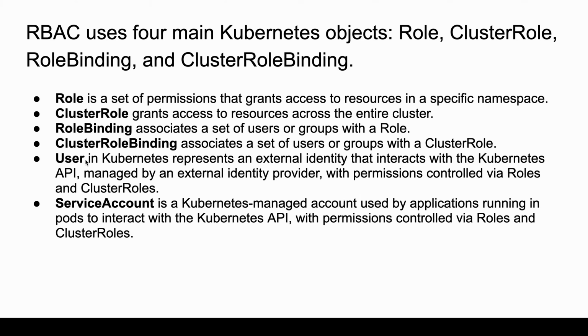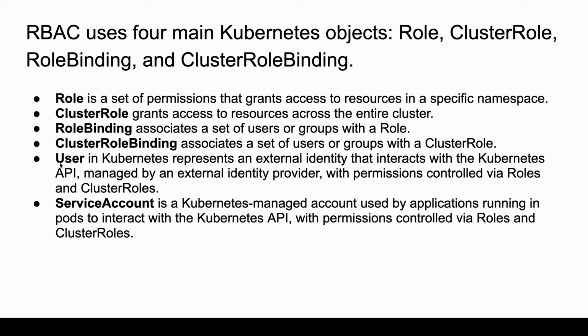So we can associate a user with a role as well as a cluster role. And we have service account as well. A service account is a Kubernetes-managed account used by applications running in pods to interact with the Kubernetes API, with permission control via roles and cluster roles.